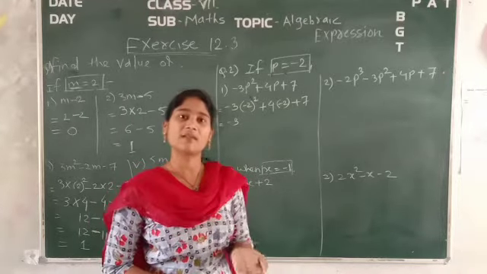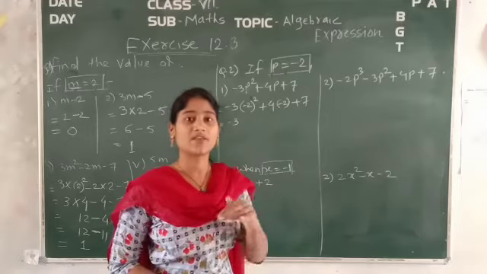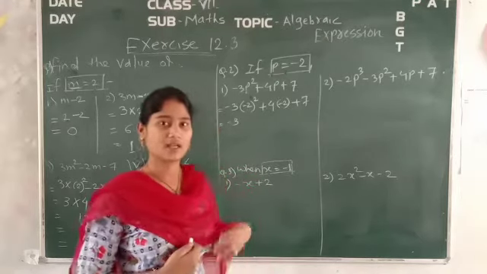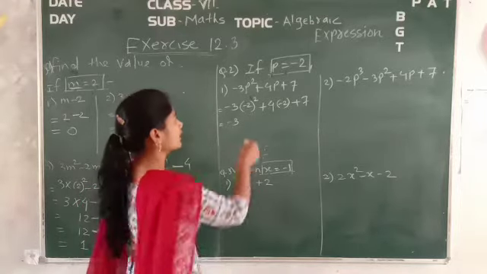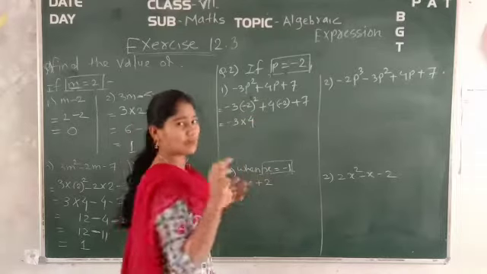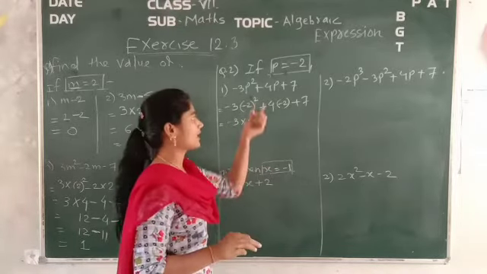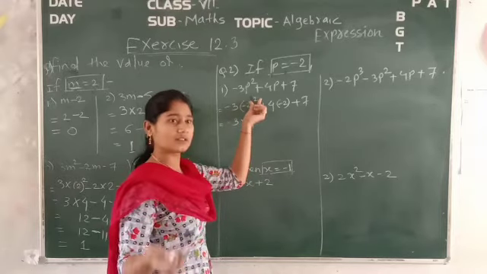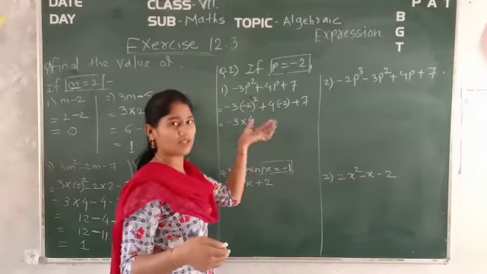If square is there, it is always plus. If cube is there, then the cube of a minus number will be minus only. So in minus 2, its square is 4 only, that is plus 4, not minus 4. But if it were a cube, then its answer would be minus something, whatever it may be.